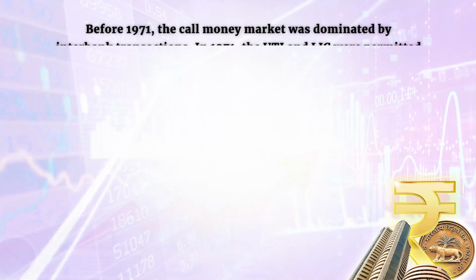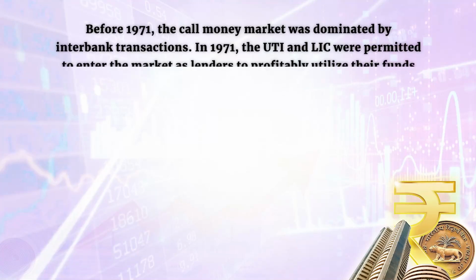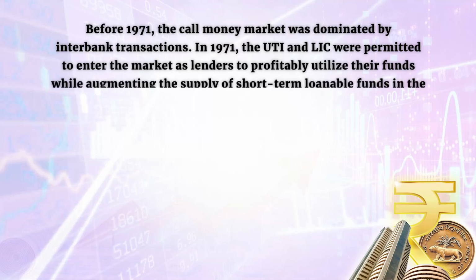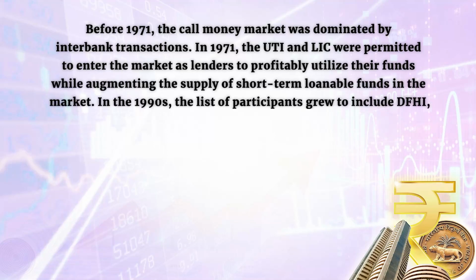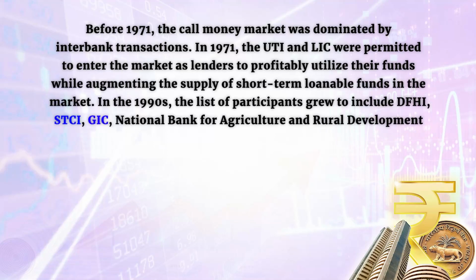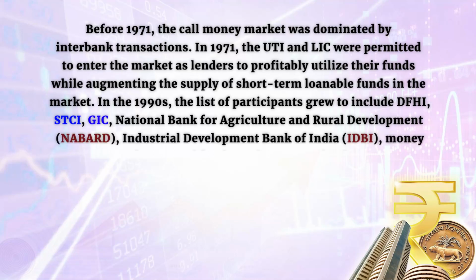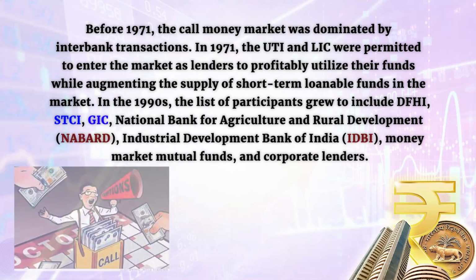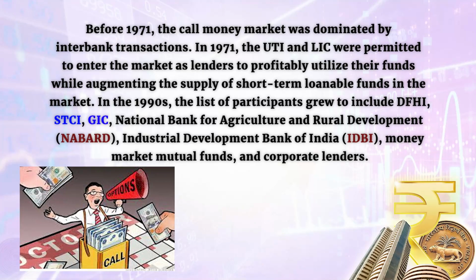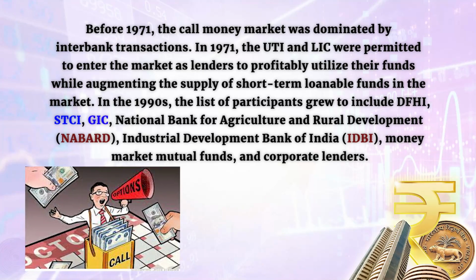Now, up to the 1970s, most of the call market transactions were interbank transactions. From 1971, UTI and LIC were given permission to enter the call market, not only to utilize their funds efficiently, but also to increase the flow of credit into the secondary market.